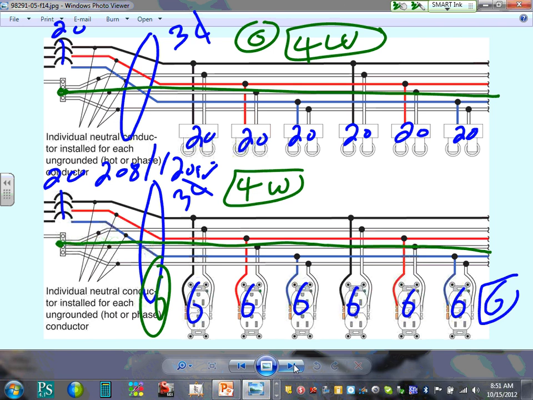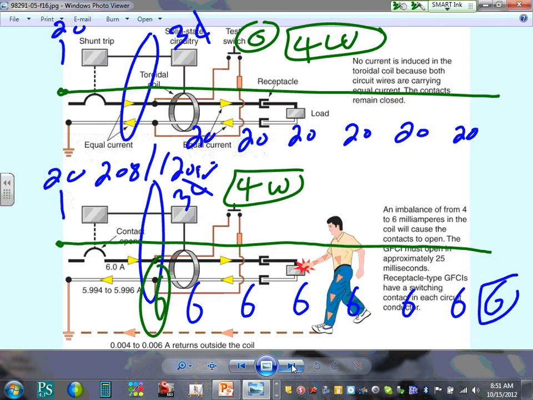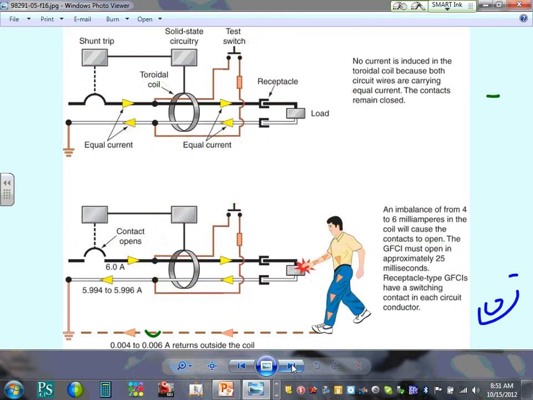Okay, this is one of the most important topics that you guys are going to see. It really is. This talks about the GFCI work. You guys have seen this many, many times. So GFCI work, it senses the difference. If you have a 4 to 6 milliamps difference right here, it will see the difference that's going through somebody's heart, and it triggers, it will sense a signal and open the contacts, right?